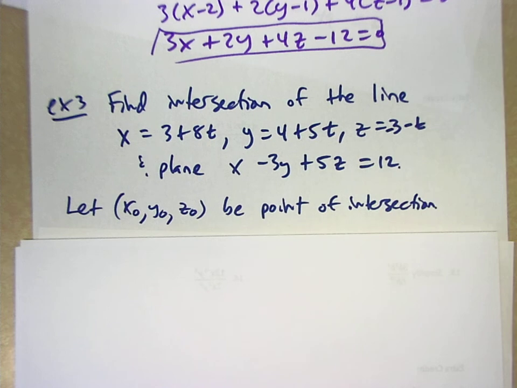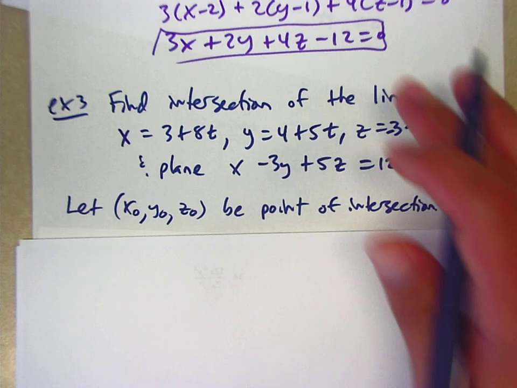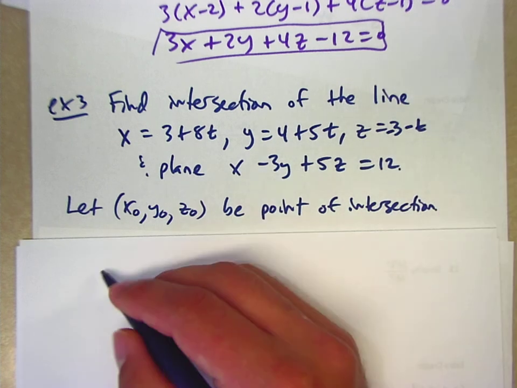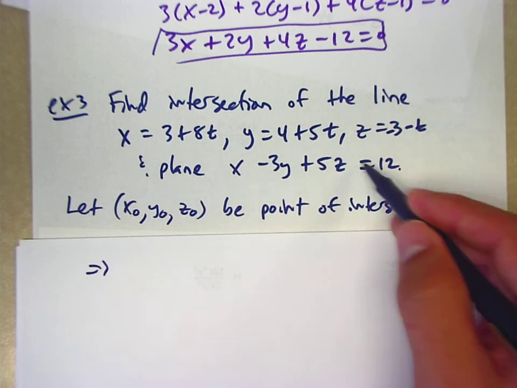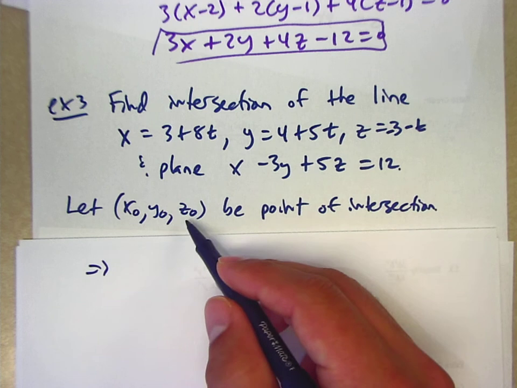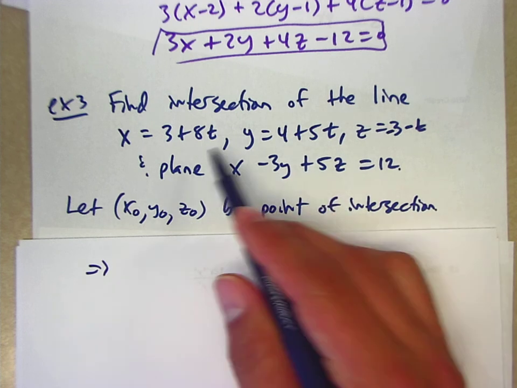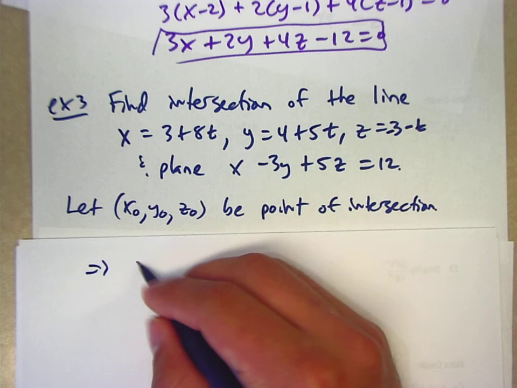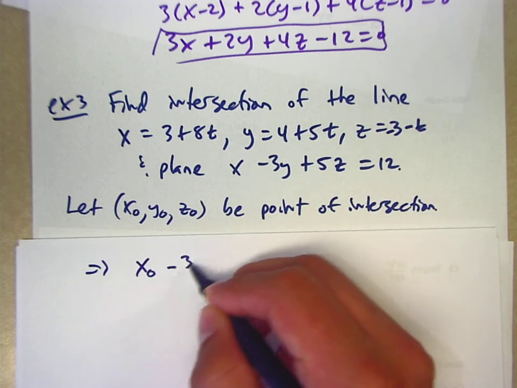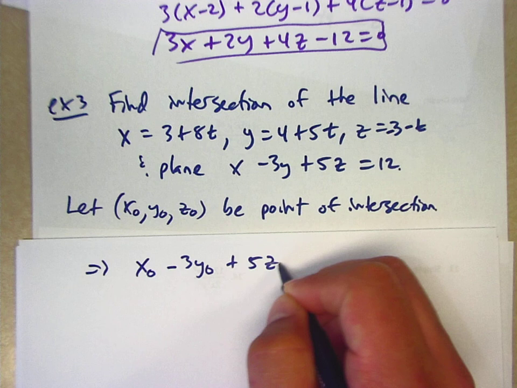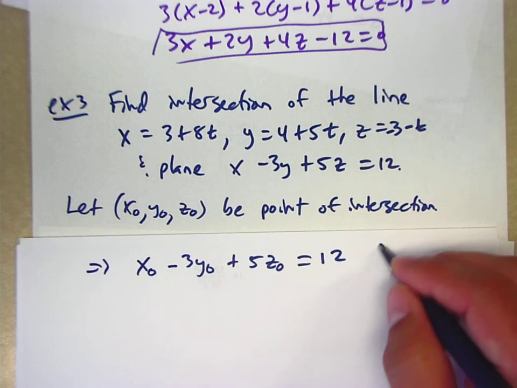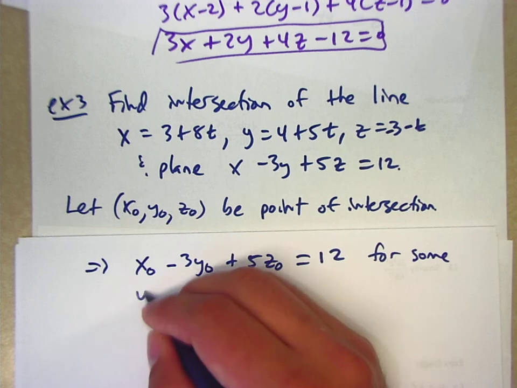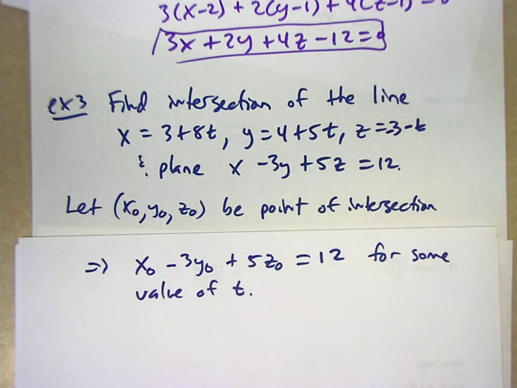So what that means then is that this point has to work in the plane equation, right? If it's the solution, that means that it's not only on the plane, but it's also on the line. So let's start with the plane. So that means x naught minus 3y naught plus 5 times z naught has to equal 12 for some value of t. Okay?